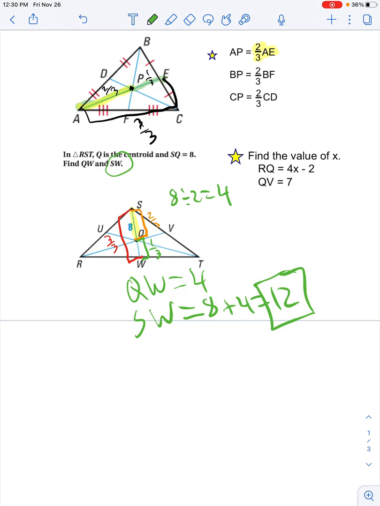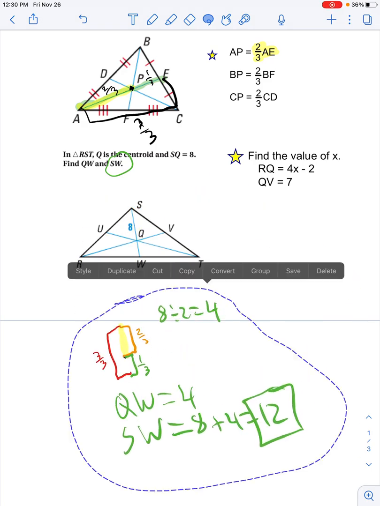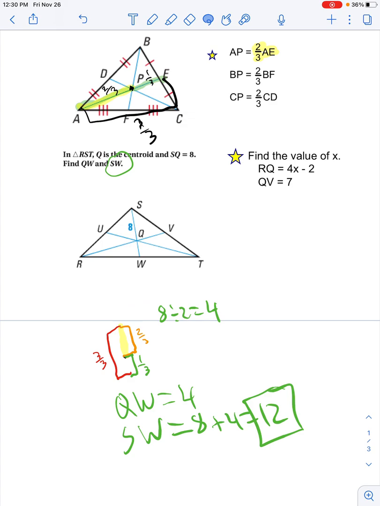Now if RQ equals 4x minus 2, so R to Q, and Q to V is 7, my thinking is, all right, this is 1/3 and this is 2/3.